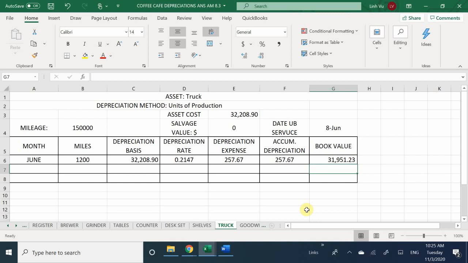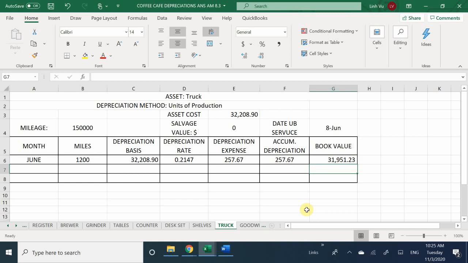No, because it's not a full year. It's not a full month. It's within the 15 days from the date of purchase. I'm not sure. All right. I'll just go ahead and give you the answers.